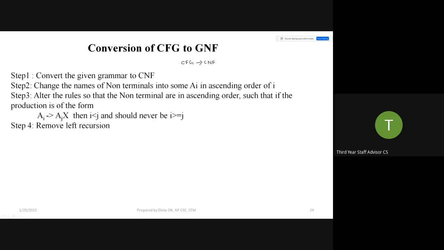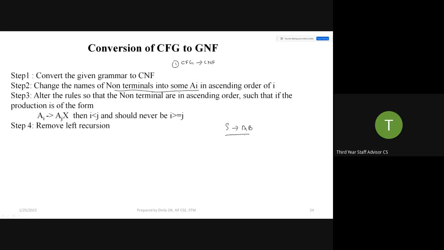So the first step is we have to convert the CFG to CNF, and the second step is we have to change the names of the non-terminals into some Ai. That is, if we have a production of the form S implies A B C, or a production S implies A B, then we will rename the non-terminals in the production.